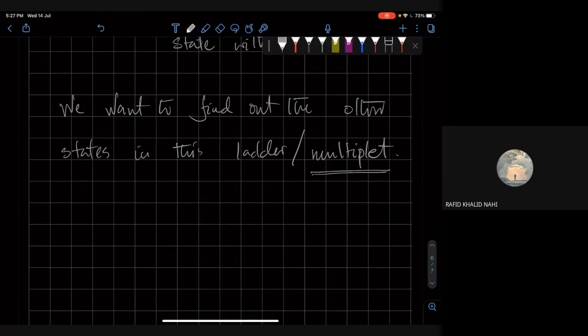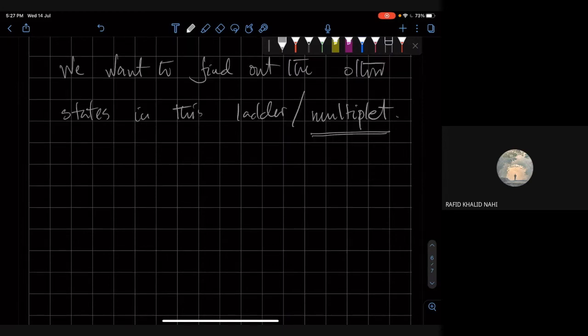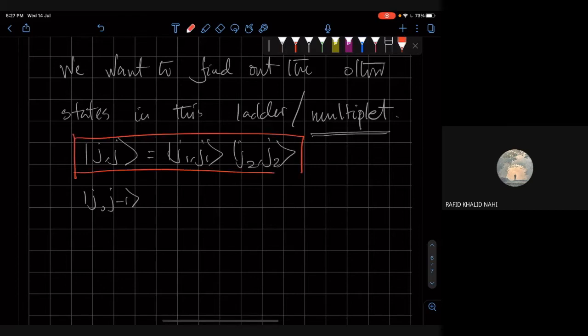Okay, so how do we find, say, j minus 1? Any ideas? We found the state jj is equal to j1 j2. This we have found already. Lowering operator, right. So we are going to apply the j minus operator on jj.